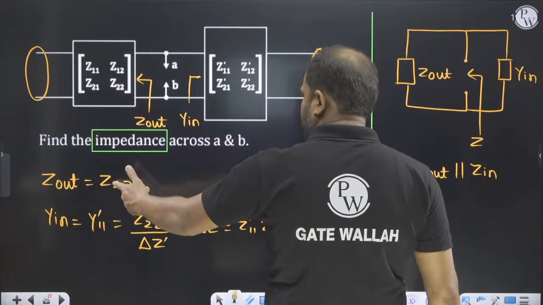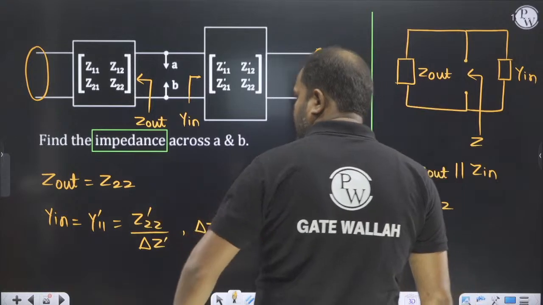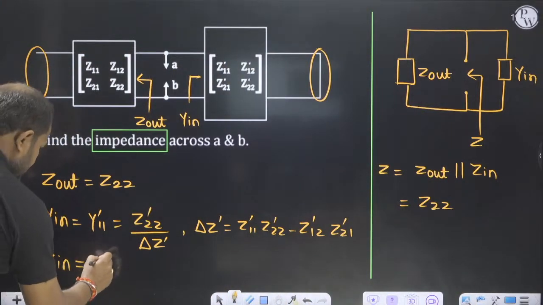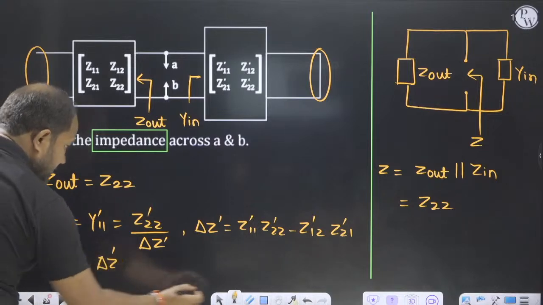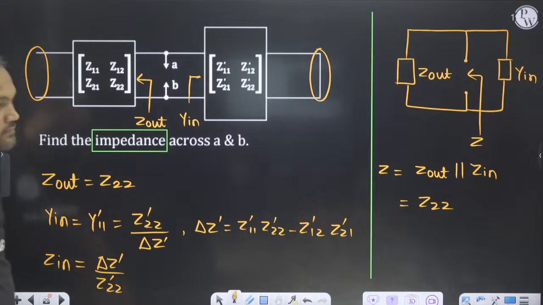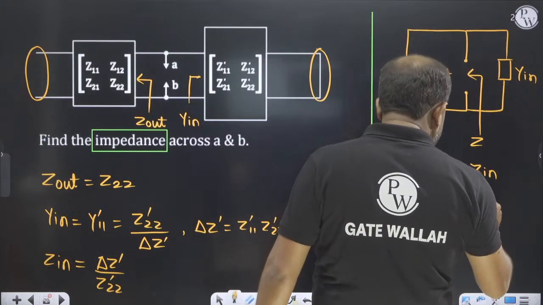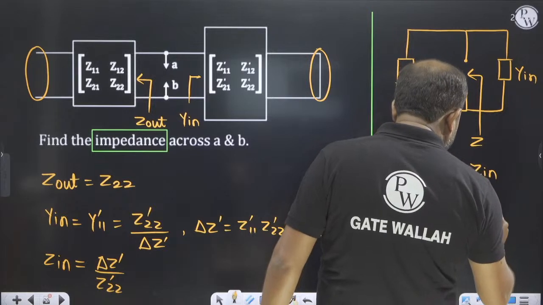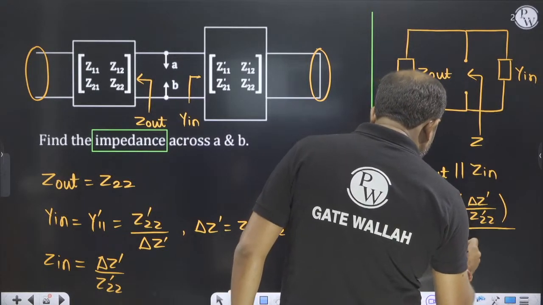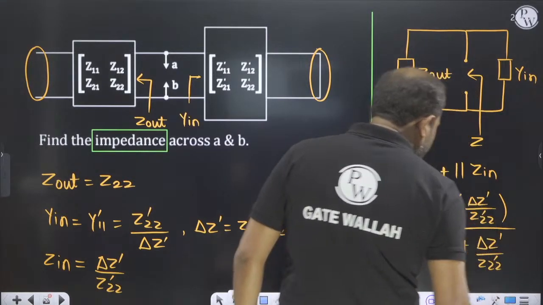Z out is Z22 and Z in is delta Z dash upon Z22 dash. So Z is delta Z dash upon Z22 dash divided by Z22 plus delta Z dash upon Z22 dash.